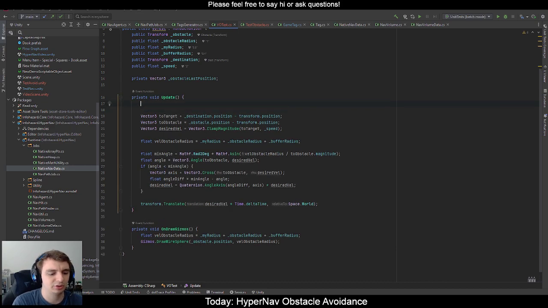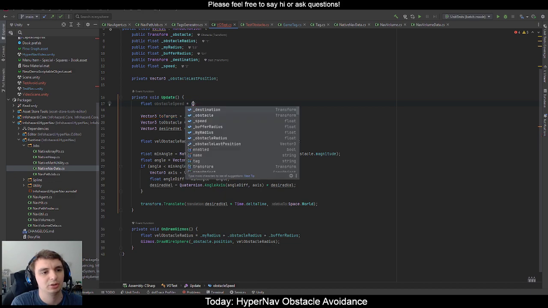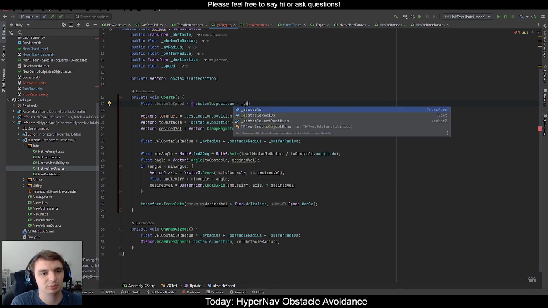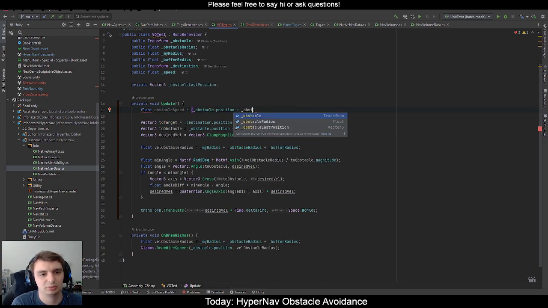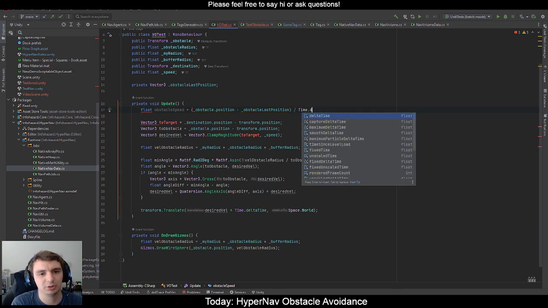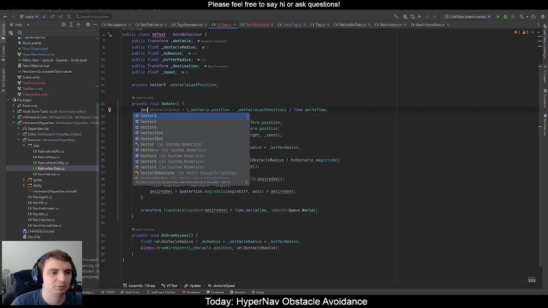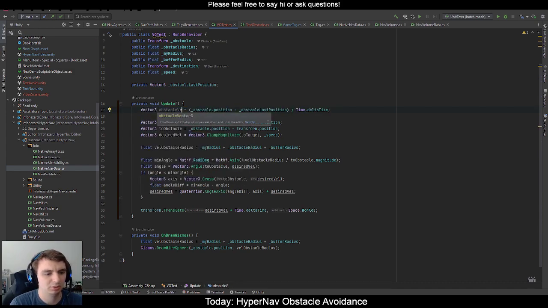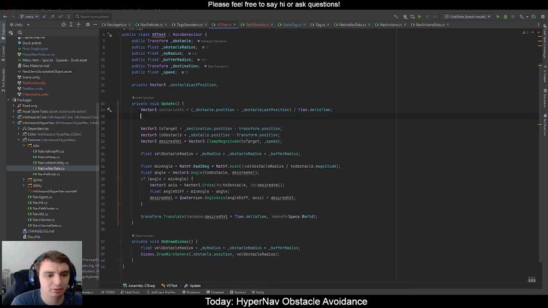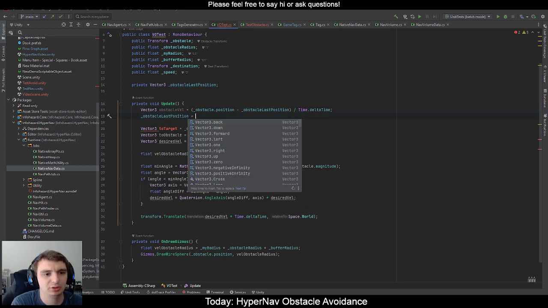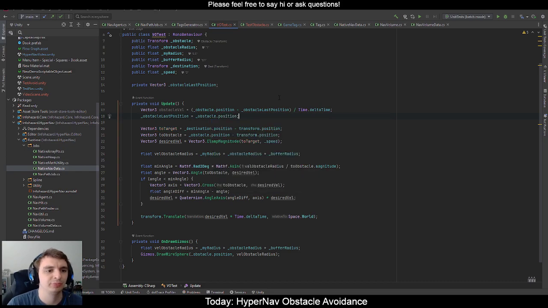Then we can say float obstacle speed equals obstacle dot position minus obstacle last position over time dot delta time. Not speed, we want the velocity. And then obstacle last position equals obstacle dot position.